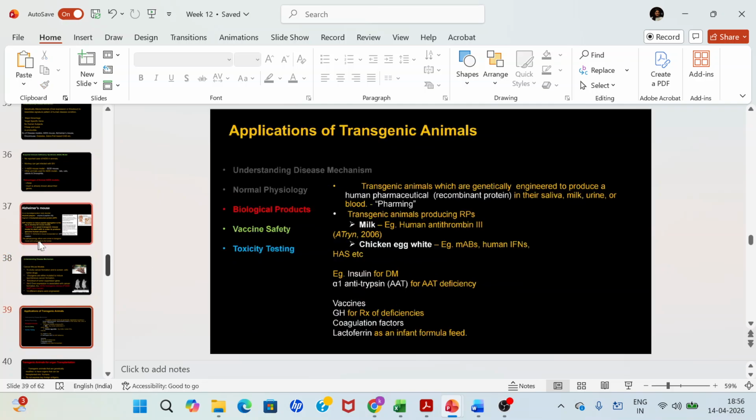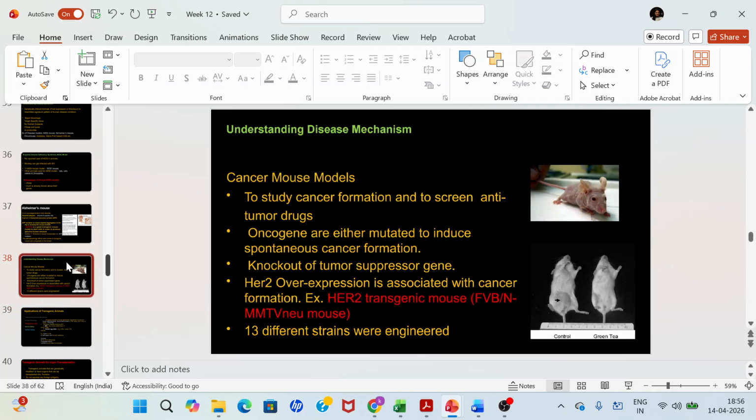Mouse models: this cancer mouse model is performed on nude mice. Nude mice have almost nil immunity, so they are very delicate to handle. They are very, very delicate and very prone to disease, so they must be handled very carefully.